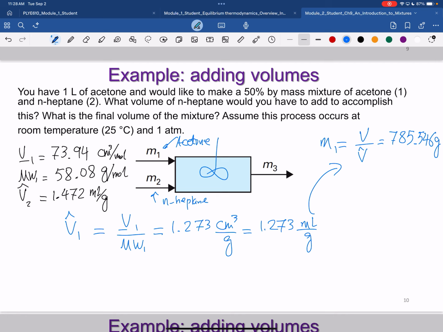So you're asking for the mass of N-heptane? Yes. You need to find the mass of N-heptane, then convert it to the volume, right?